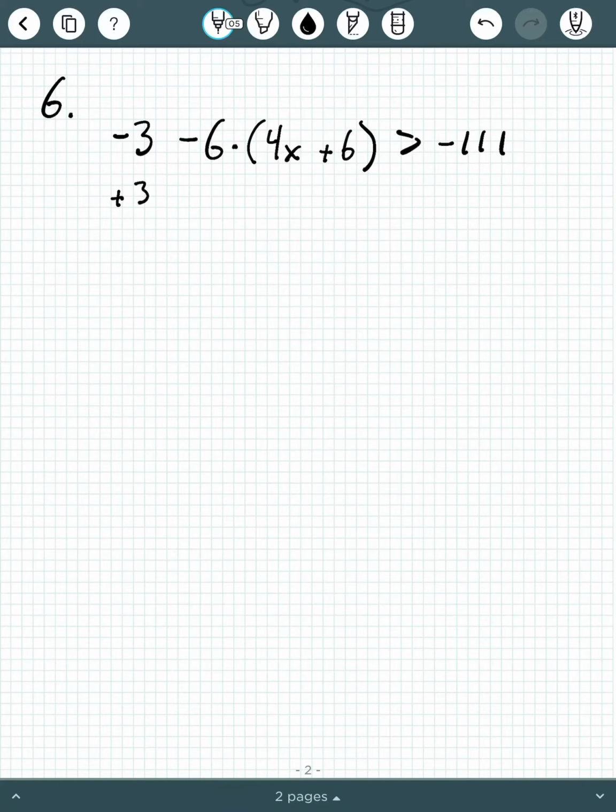For example, if I add 3 to each side, then I'll just be left with -6 times (4x plus 6) is greater than, well, -111 plus 3 will become -108. So now things are looking a little bit simpler.